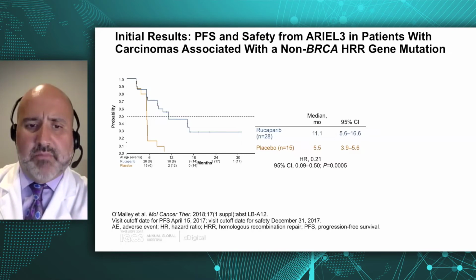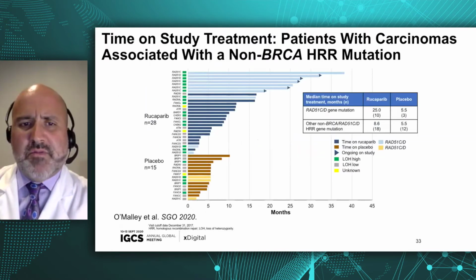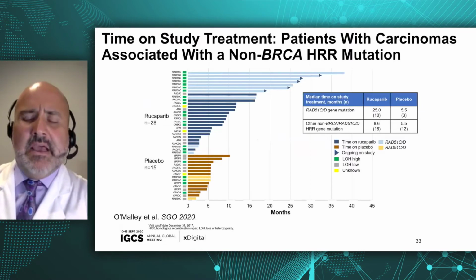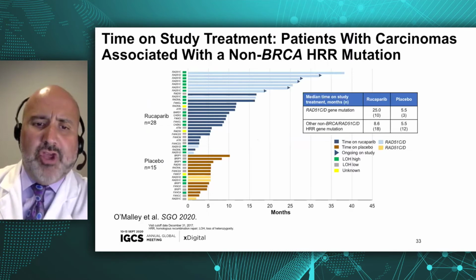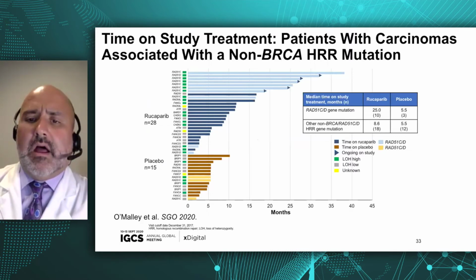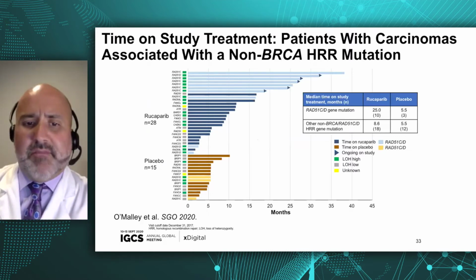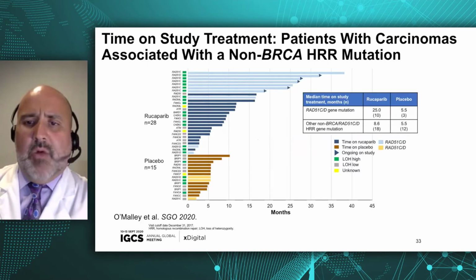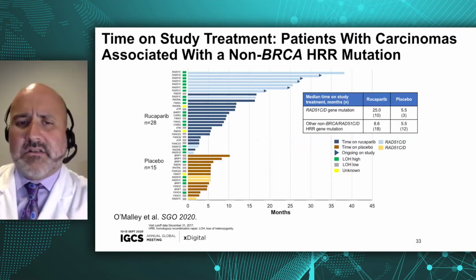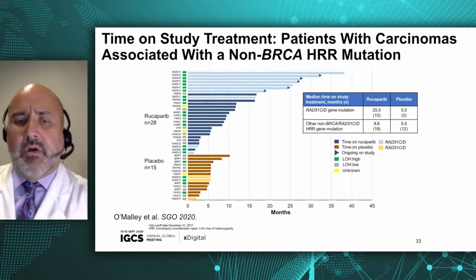Again, small numbers, but when we look at the swimmer's plot, we see that very few patients in the placebo arm make it progression-free beyond 6 months, and almost all of them are censored prior. The majority of patients in the active treatment arm on rucaparib see an improvement.